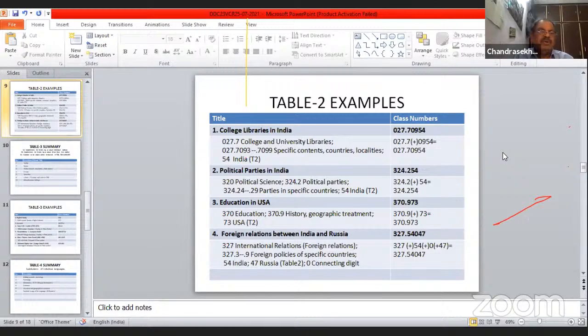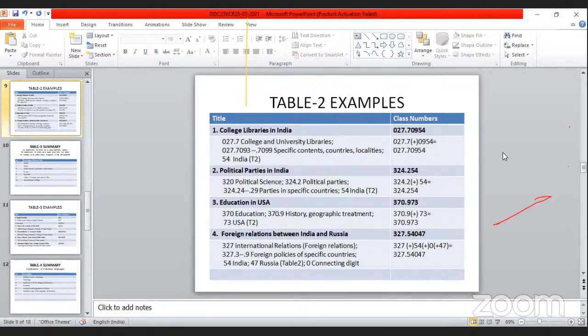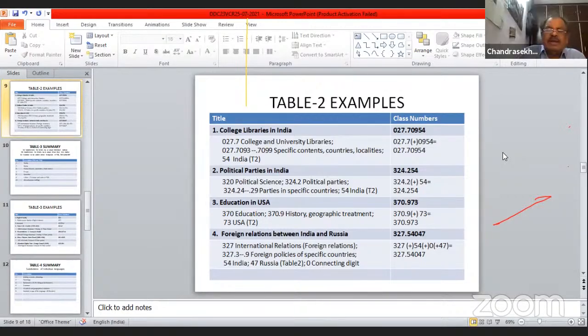Like that, if you say college libraries in Andhra Pradesh or Telangana, how you give the number? Instead of 54, you have to give 5484. 5484 is for Telangana and Andhra Pradesh.